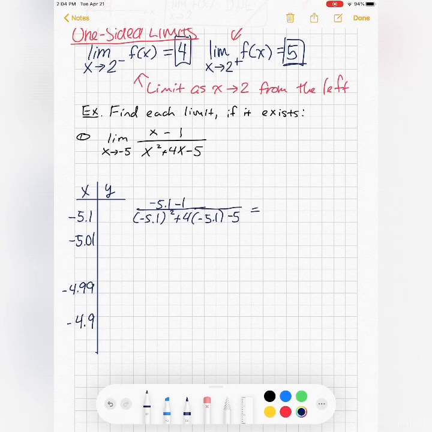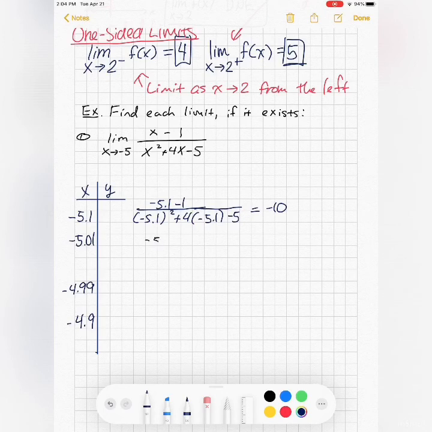Okay, so this is a calculator problem. Make sure you can enter this in your calculator and get the same number I get here. Looks like -10.